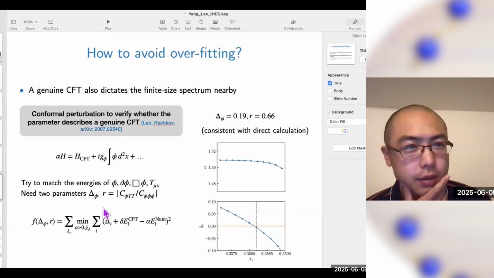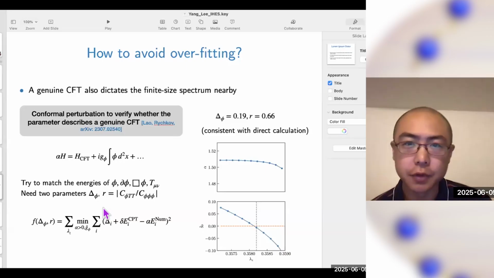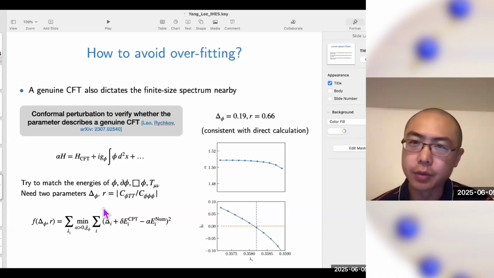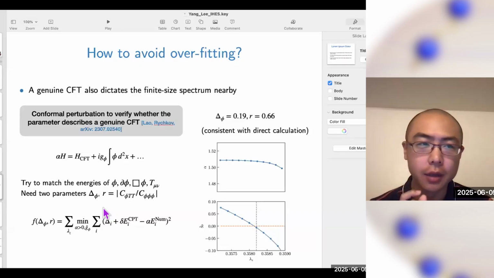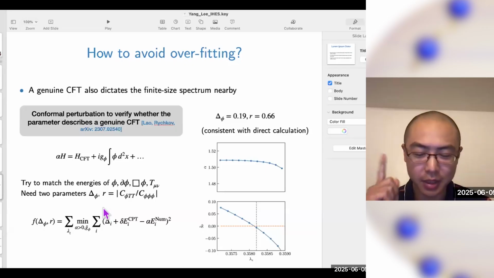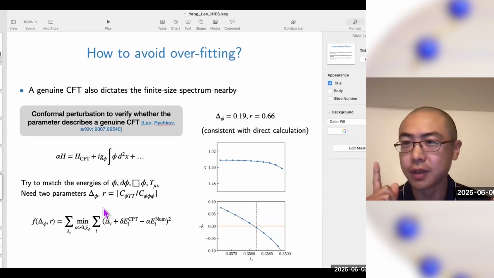Oh, I see. Yeah, thanks for the question. I don't spend too much time on this, I don't look at the sign. But when I compute the OPE coefficient, I recall that there is some ambiguity in defining the plus-minus signs of the state itself.